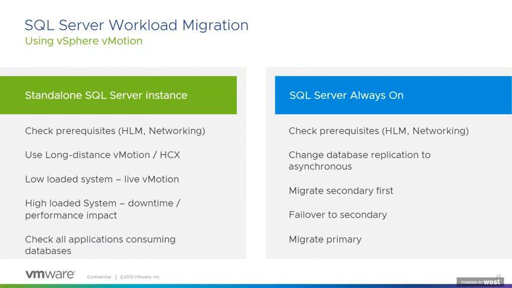If you have multiple secondaries, you probably want to migrate all secondary nodes and finish your migration, handing over your primary node to one of your secondaries, and then moving your primary node. After all nodes move to VMware Cloud on AWS, reconfigure your replication from asynchronous to synchronous to match your RTO and RPO requirements.